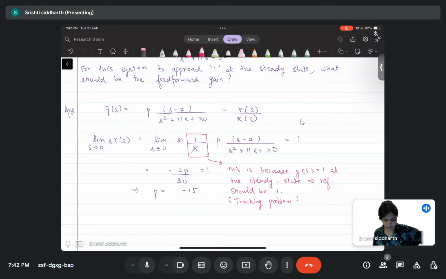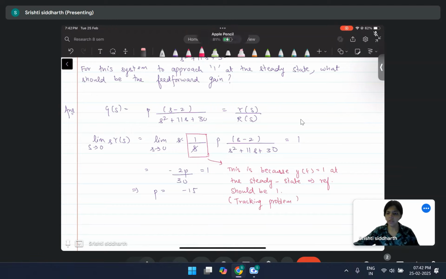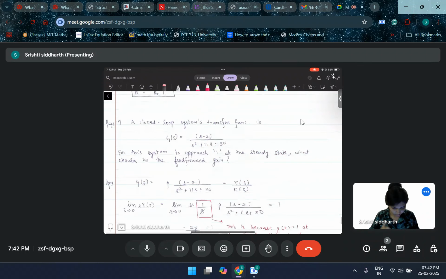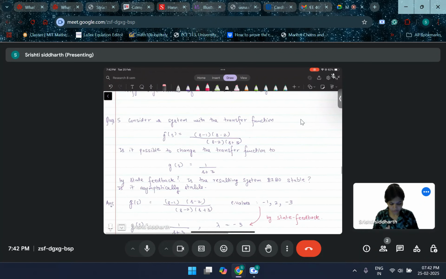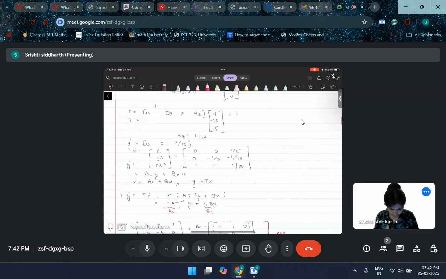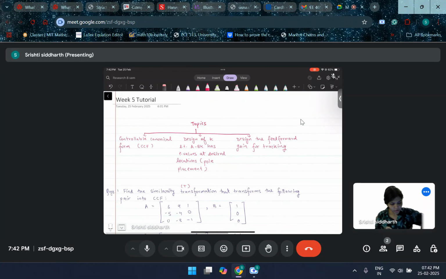Alright, so I hope that the questions were clear to you. We looked at the controllable canonical form and how to find the transformation matrix T using the controllability matrix.